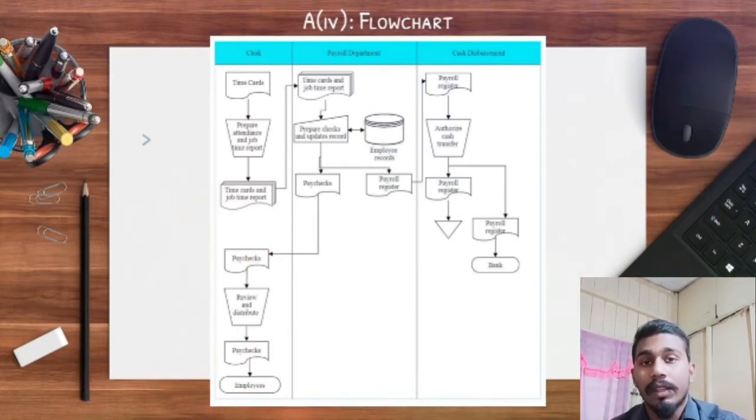The entities can be internal or external. In this flow chart, we can see that for the internal entity, the data goes to the employees, and for the external entity, it goes to the bank.